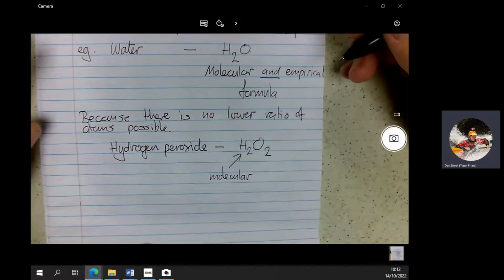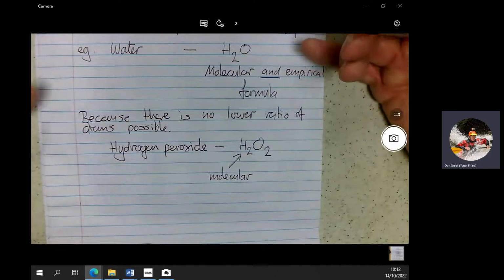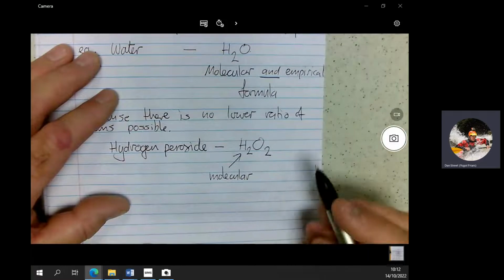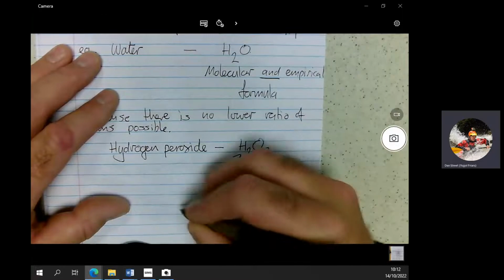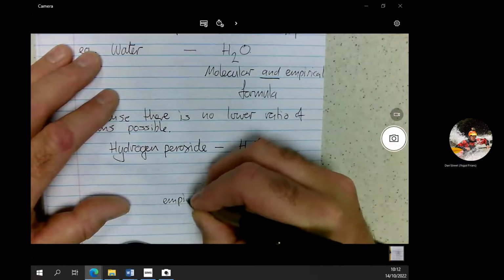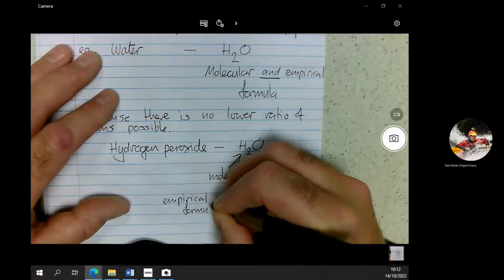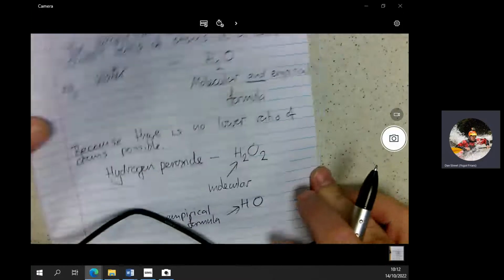However, from a mathematical standpoint, its formula could be expressed as HO, because the ratio of hydrogen to oxygen is 1 to 1. So the empirical formula is HO.